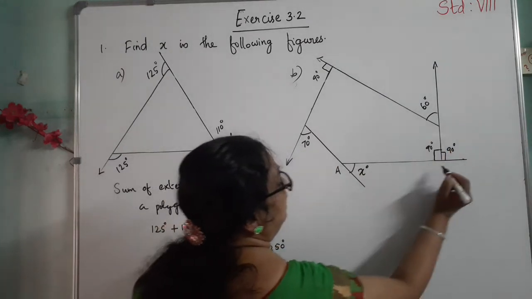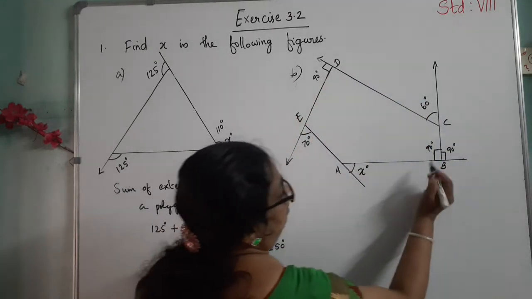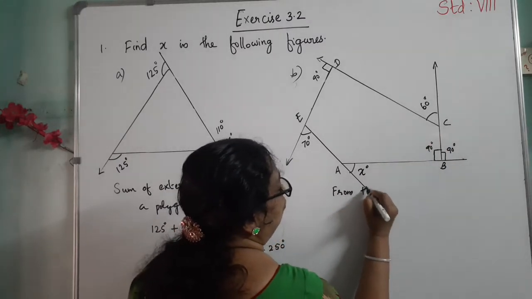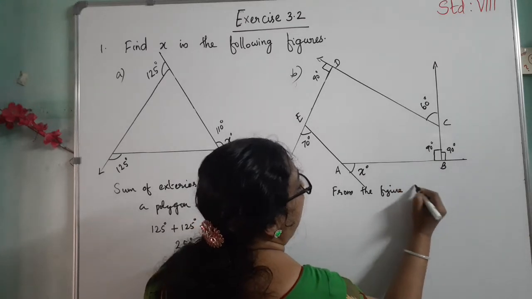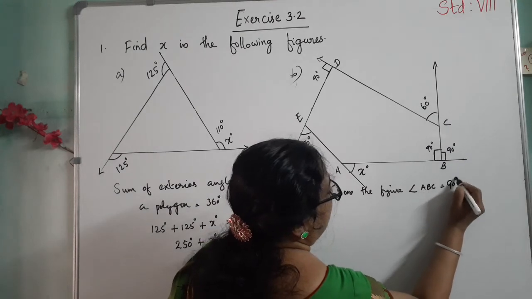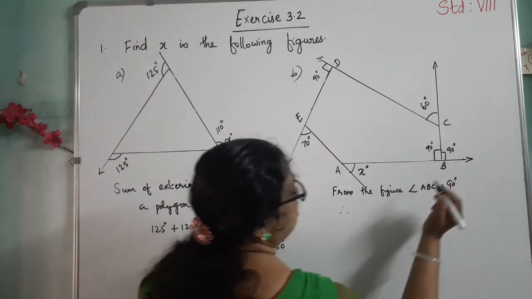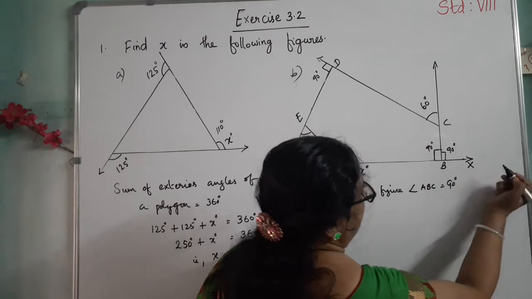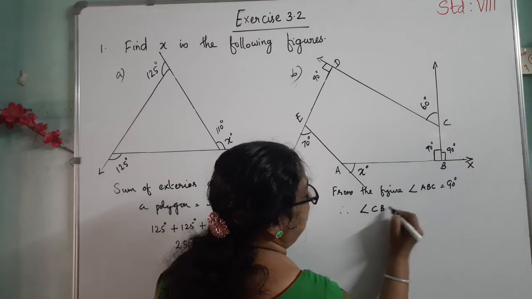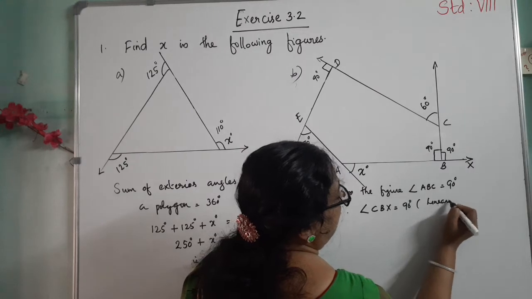So we can name them A, B, C, D, E. Then angle ABC from the figure equals 90 degrees. Therefore, this side being produced, we can write here x, then angle CBX equals 90 degrees. That is, this forms a linear pair.